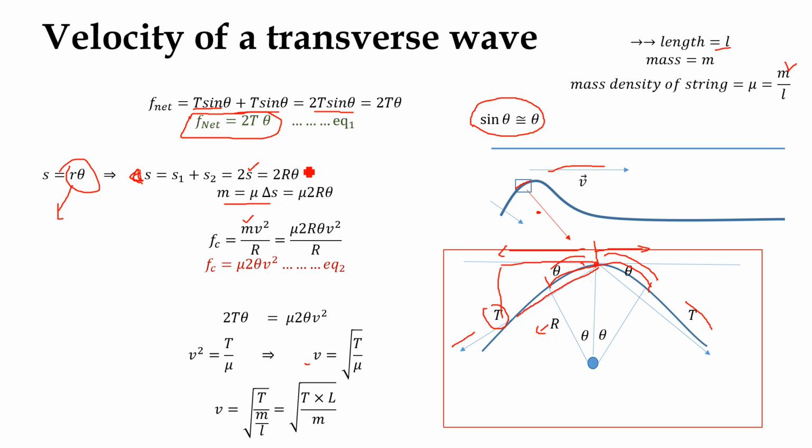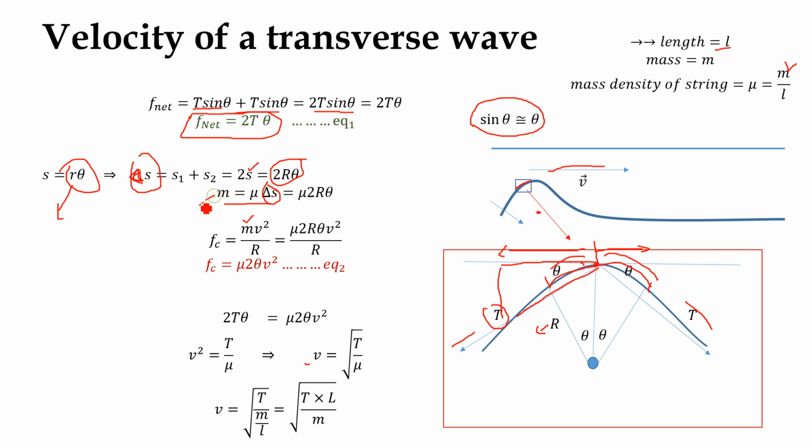Now we will substitute the arc length del s value 2R theta in the mass density equation, so we will have mass m is equal to mu times 2R theta.